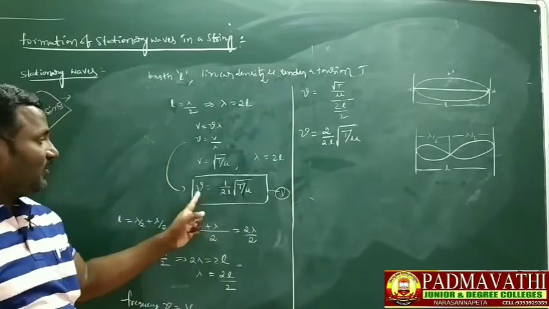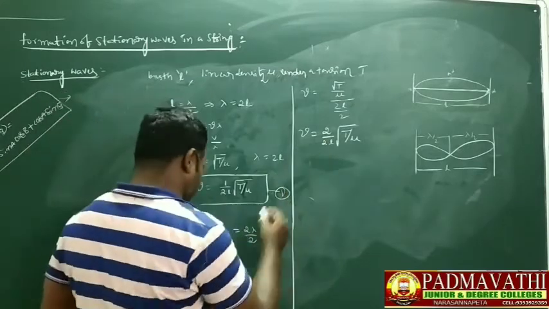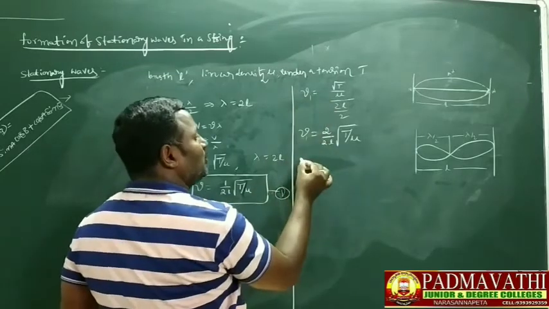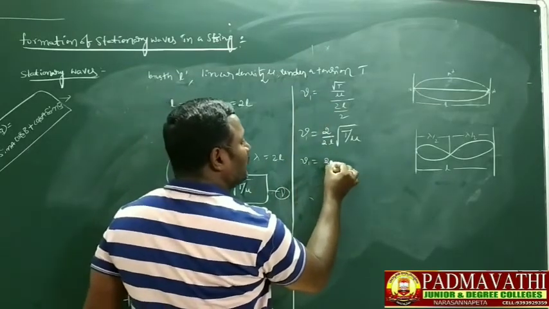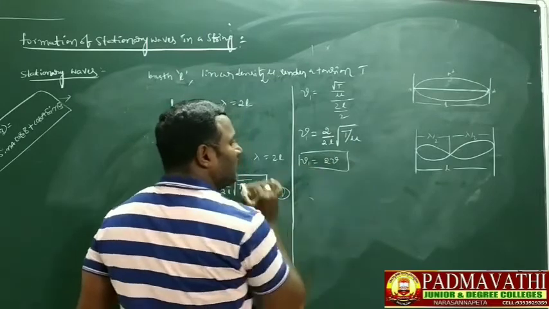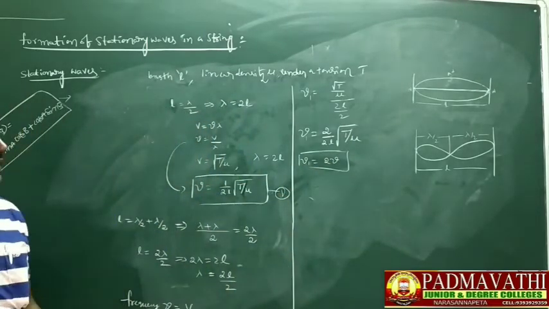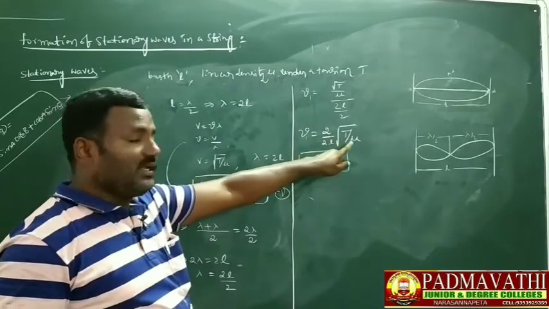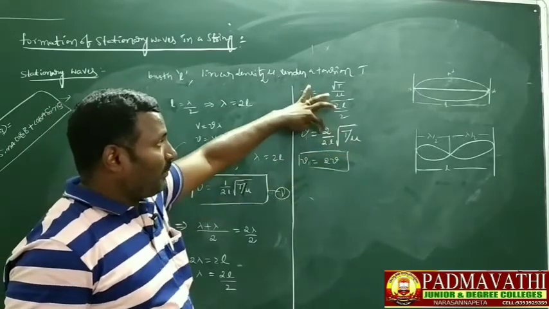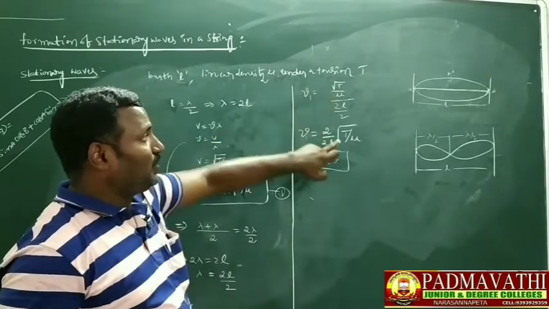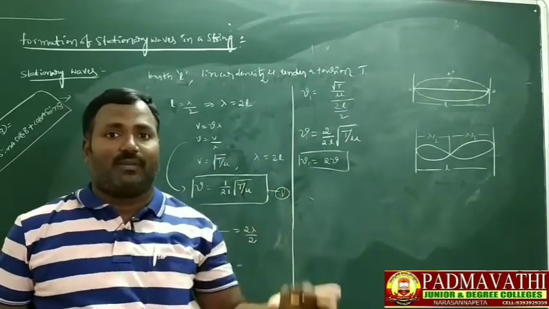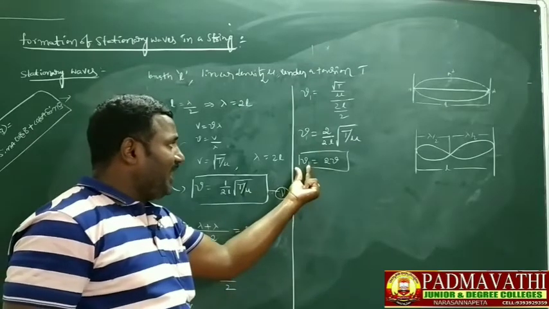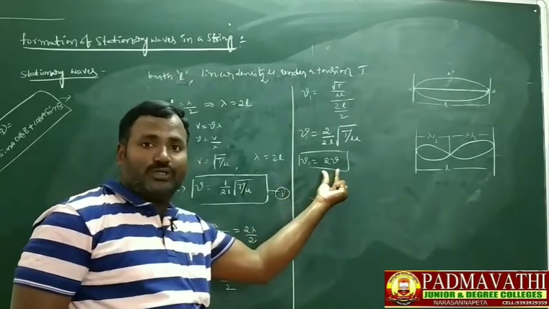Now it is denoted nu1, so nu1 equals 2 nu. That is 2 by 2L into root T by mu. So 1 by 2L into root T by mu is the fundamental frequency or first harmonic, and nu1 equals 2 nu.